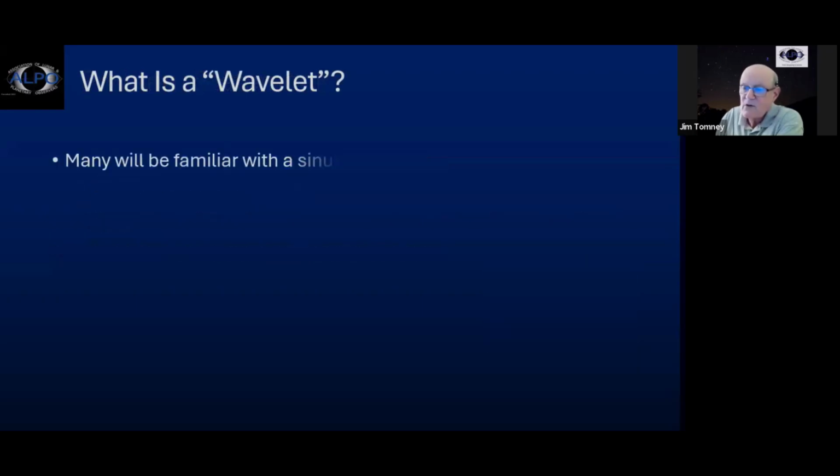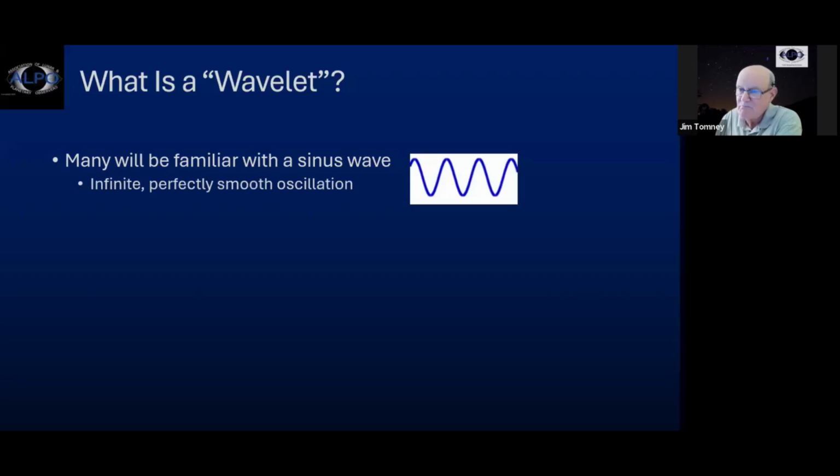So, let's start with what is a wavelet. Most of us are familiar with the sine wave. Back in high school in physics, or even math, you had the discussion of what a sine wave was: an infinite, perfectly smooth oscillation with no localization. So it was not a snapshot at a particular point in time.